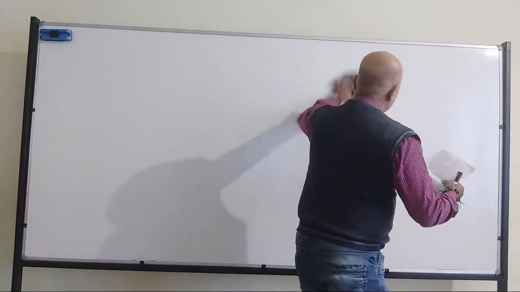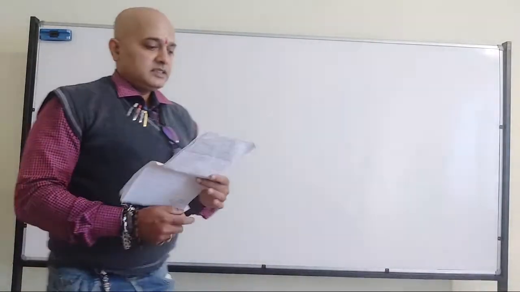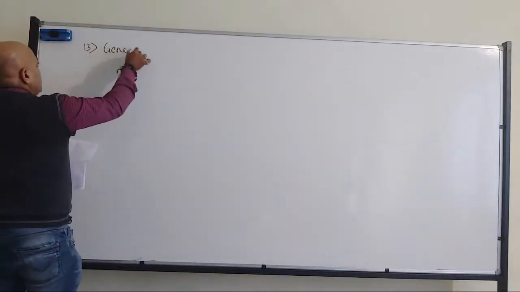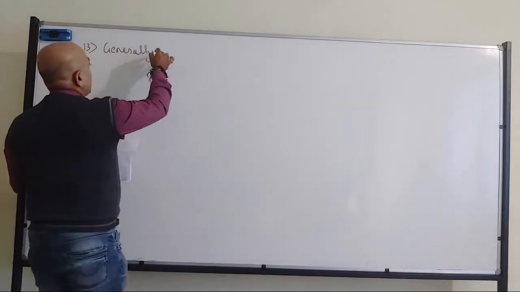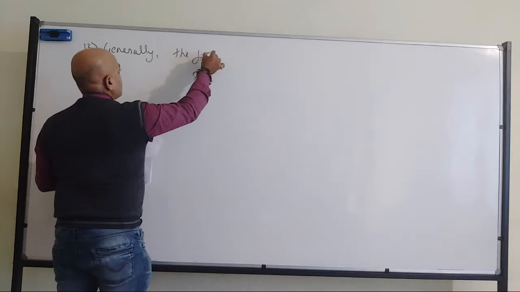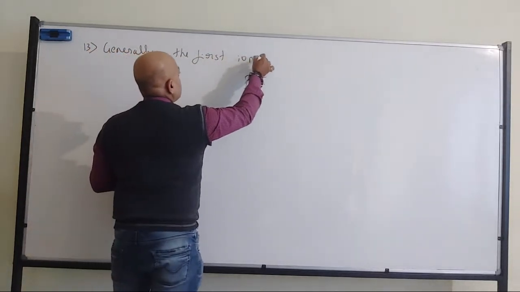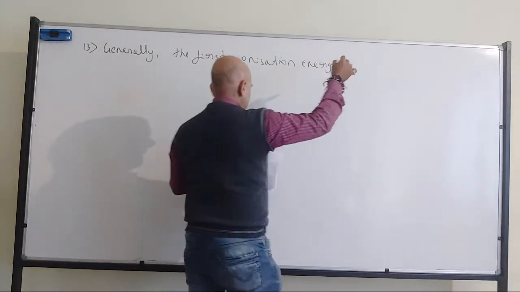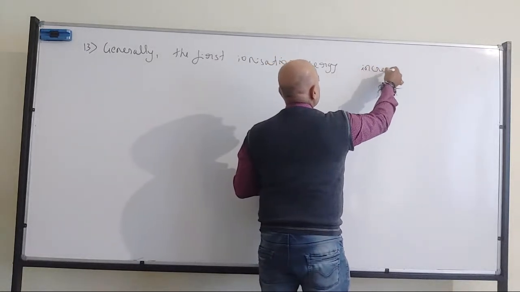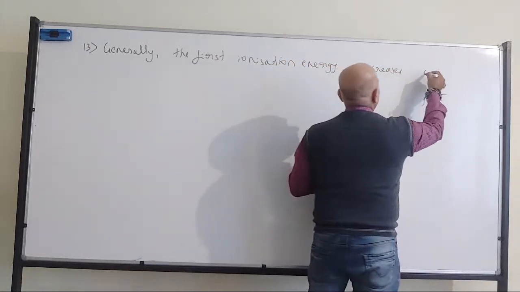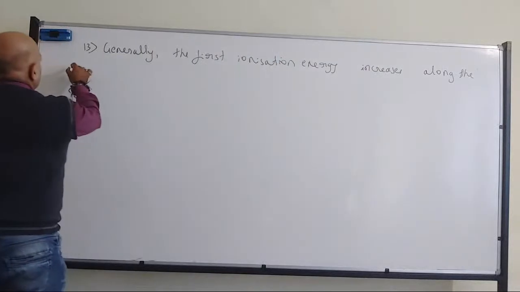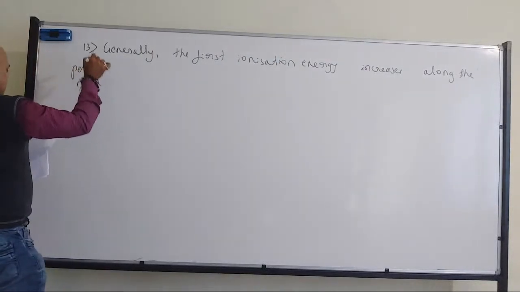Now we will come to question number 30. Generally, the first ionization energy increases along the period.